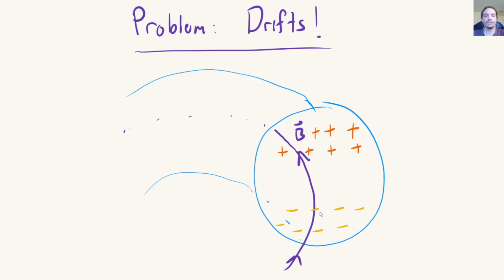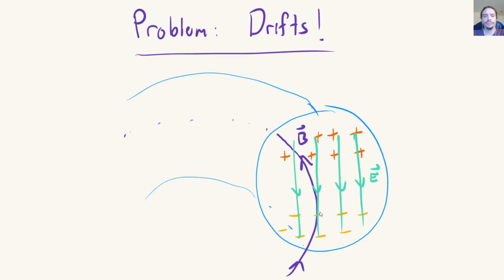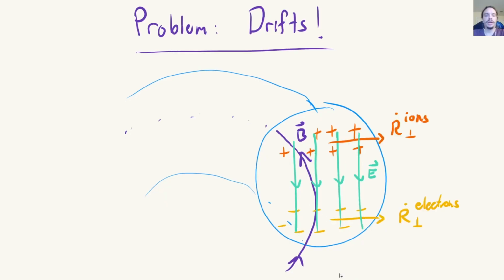But once you have this charge asymmetry, our quasi-neutrality from before is ruined. And we get an electric field pointing from the plus charges down to the minus charges. Uh-oh, now we have a second drift, the E cross B drift. With B going into the donut and E going downwards, both the ions and electrons are going to feel a force pushing them straight out of the reactor towards the walls.